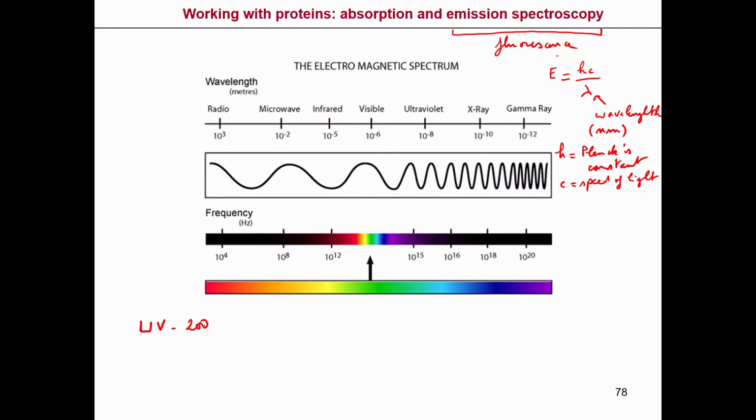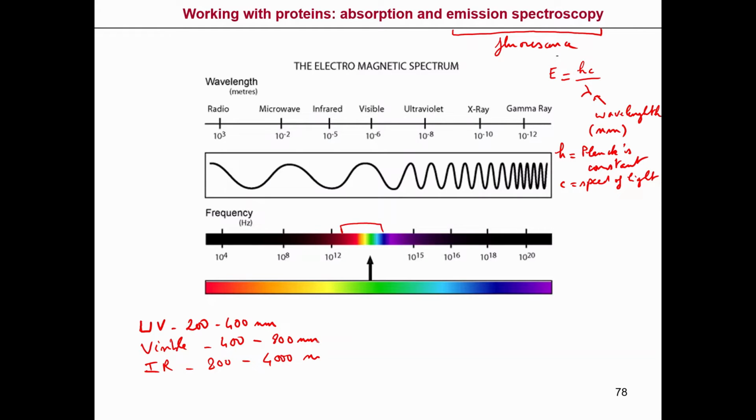UV is from 200 to 400 nanometers. Visible is from 400 to 800 nanometers. And the last one is infrared.